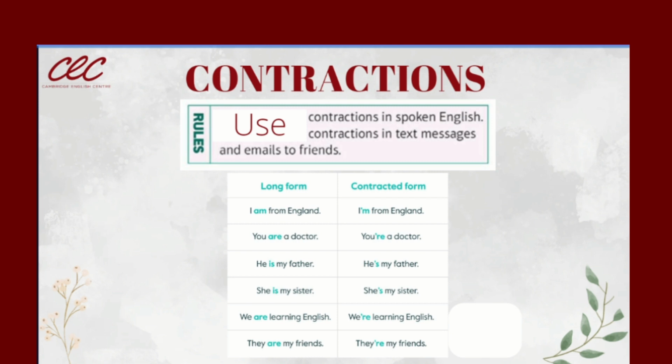For example, we need to write an email to our boss. There we need to use the long form because that would be a formal letter, right? A formal email. And when we are writing formal emails, we need to use the long form instead of the contracted form. So, contracted form only in informal language. Long form, formal language. Okay, so let's continue now.